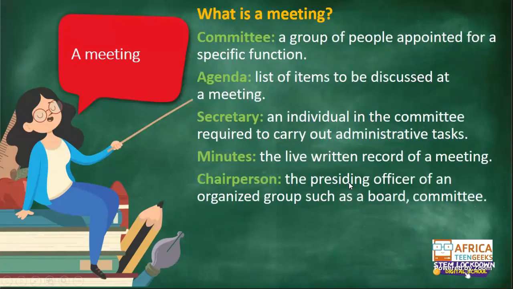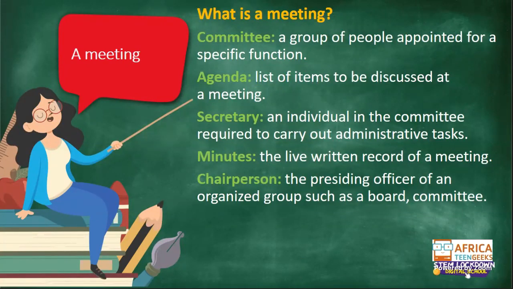Right. So we looked at very new terms as I was trying to define a meeting for you guys. And there was the word committee, agenda, secretary, minutes, and chairperson. A committee is a group of people appointed for a specific function. An agenda is a list of items to be discussed at a meeting. A secretary is an individual in the committee required to carry out administrative tasks.